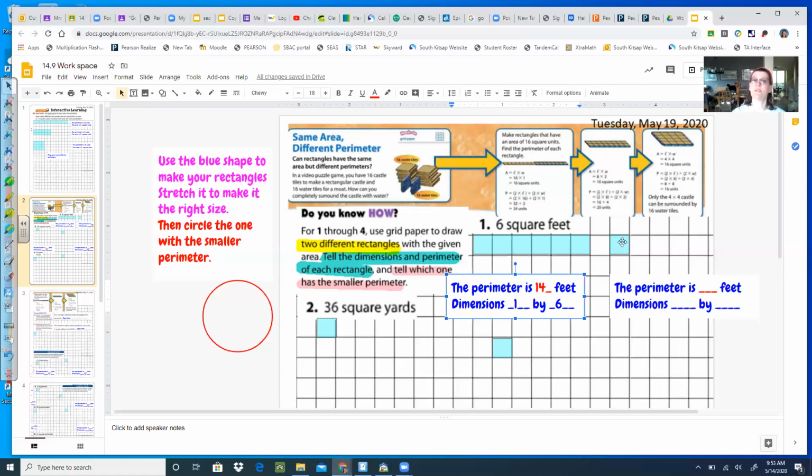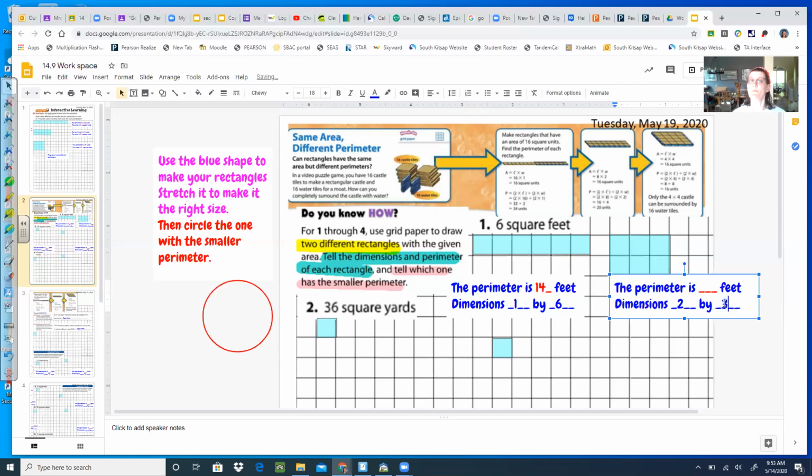Okay, now I need to make something else that has an area of 6. So I'm going to make a 2 by 3. So we know our thingy is right about there. Now we have to write its dimensions. So I just said it was a 2 by 3.